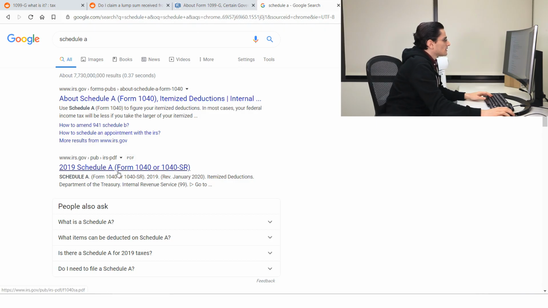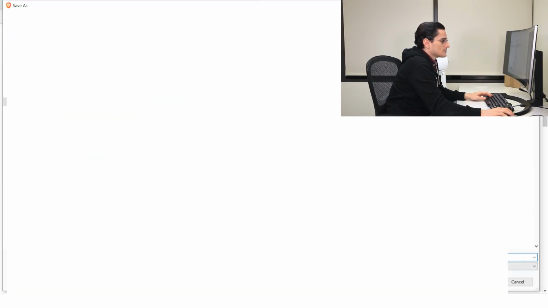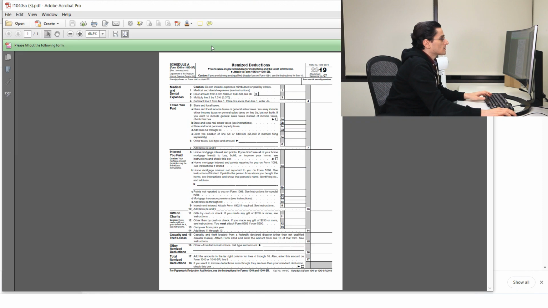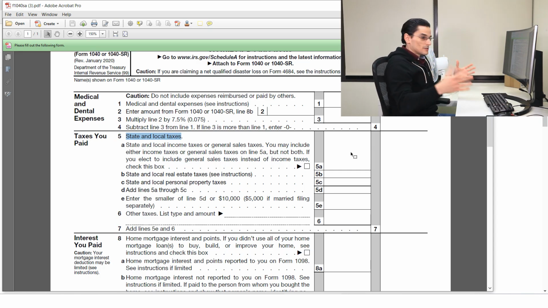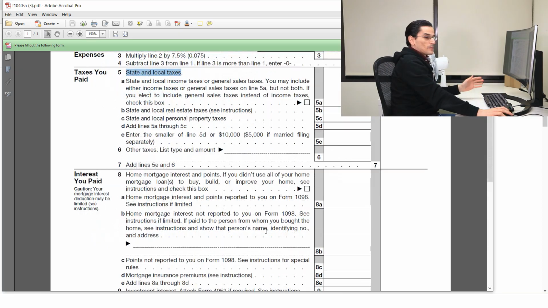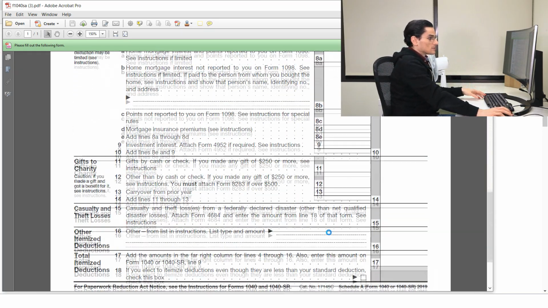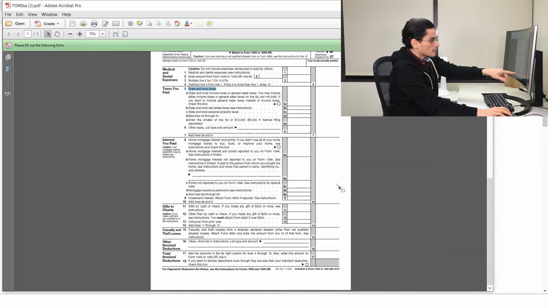All right, so we pull this up easily like that. Okay, so if we're looking at Schedule A, you'll see that over here in the itemized deductions, the state and local taxes are one of the available deductions. So if you're itemizing deductions on your tax returns, these amounts will be included in the total itemized deduction.